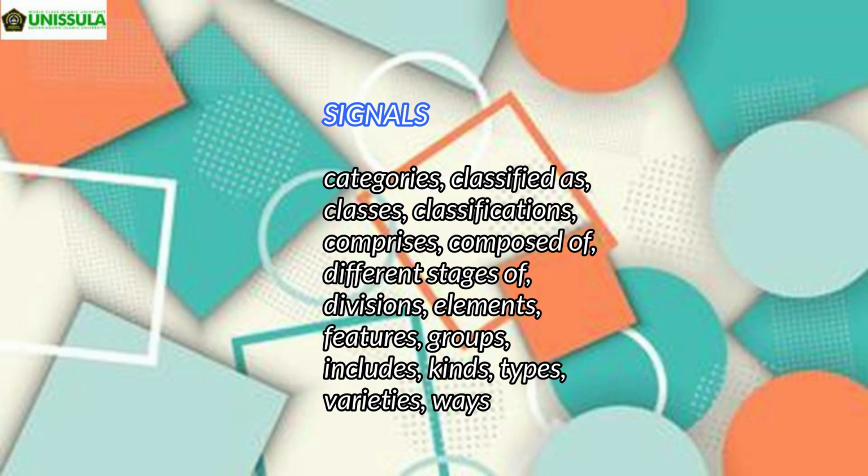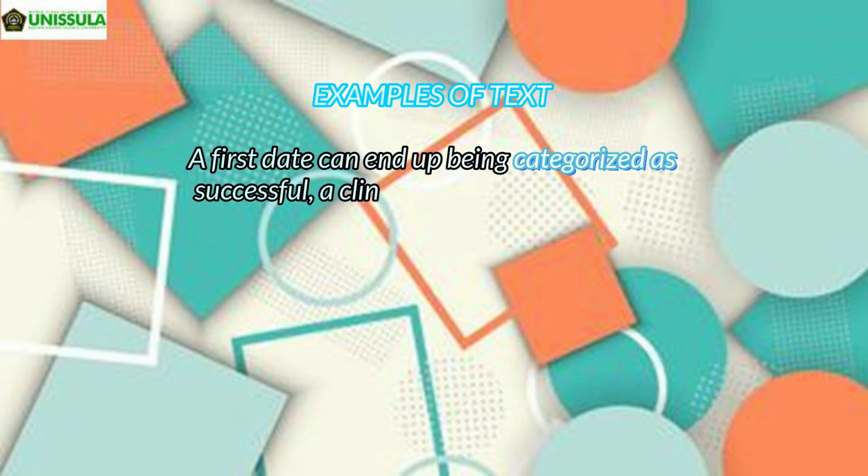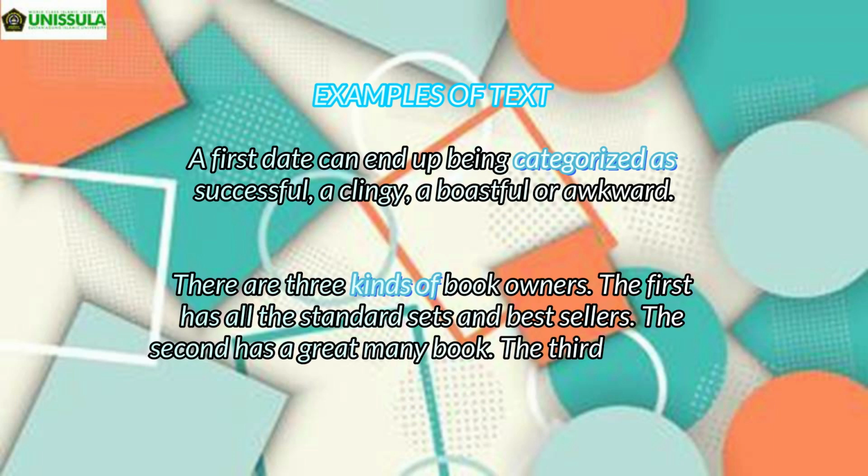Okay, and now we come to the example. Take a look at the example. I deleted the first two tags here, and then I underlined the signals. So this kind of paragraph is the classification pattern of organization.